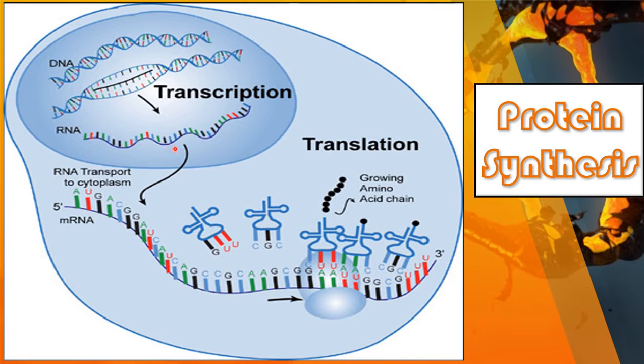Once the RNA moves out from the nucleus, it will go to the cytoplasm, which is the protein factory na tinatawag natin na ribosome. So, ito na yung tinatawag natin na messenger RNA. So, this is the information came from the DNA.